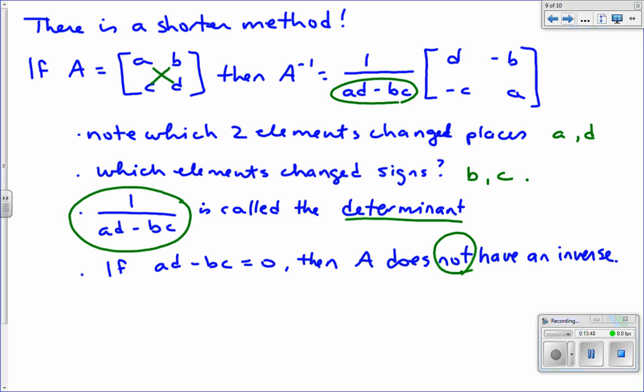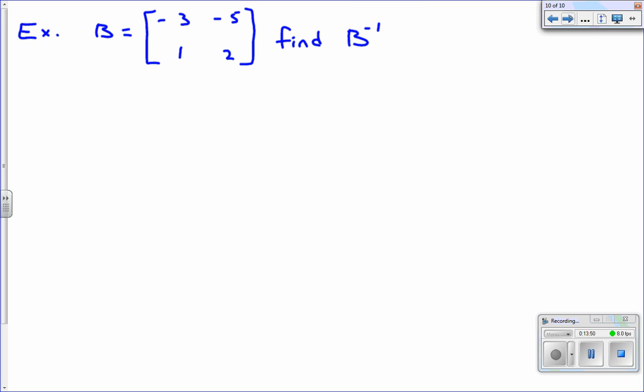So let's do an example of using this formula to find the inverse. So if B is the 2 by 2 matrix, negative 3, negative 5, 1, and 2, to find B's inverse, we'll use the formula.